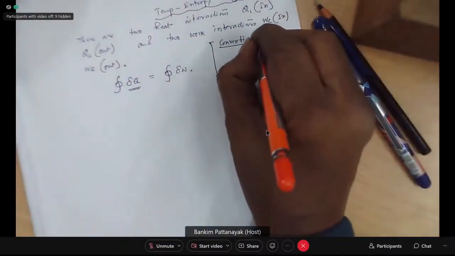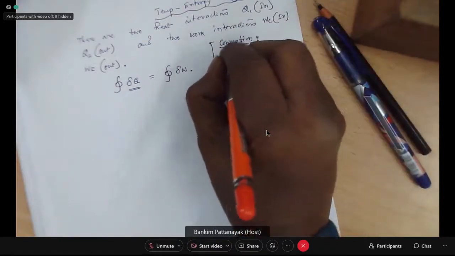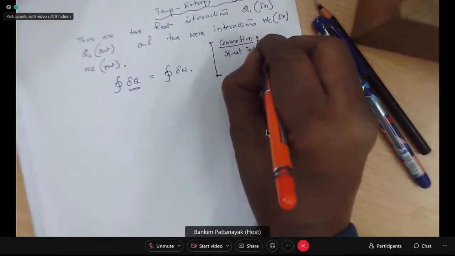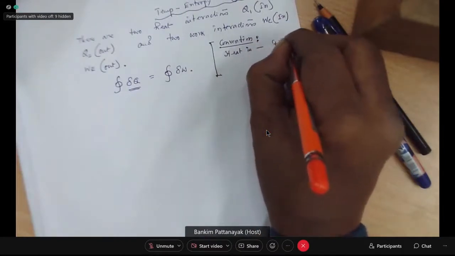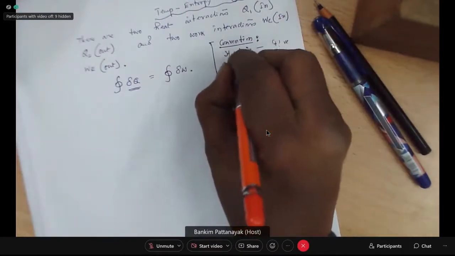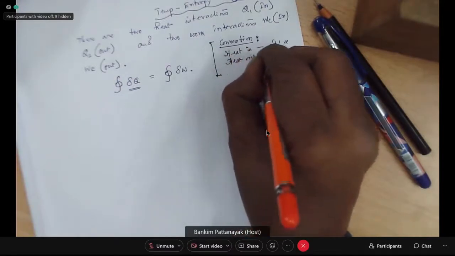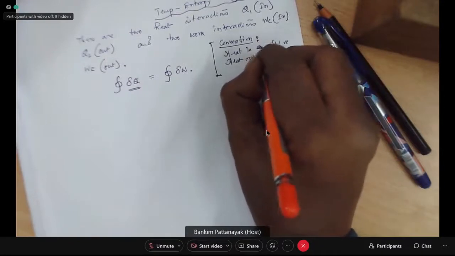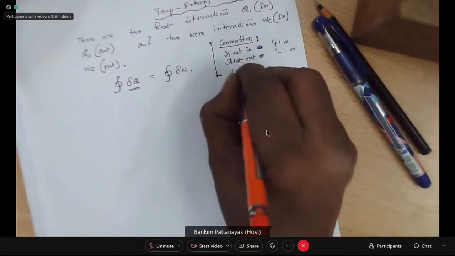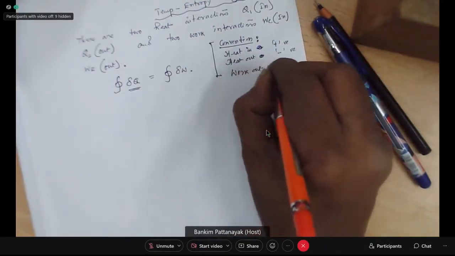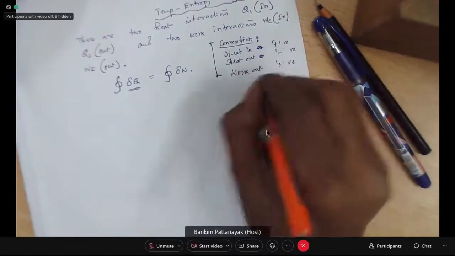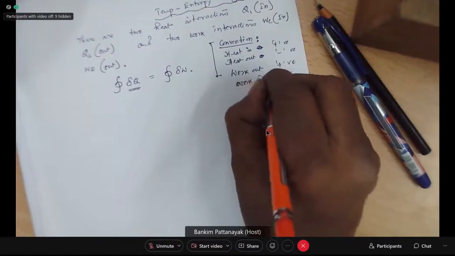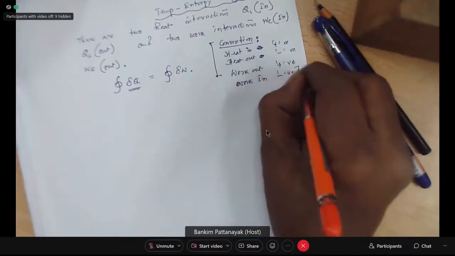Convention is that heat in is taken as positive, heat out is taken as negative, work out of the cycle is taken as positive, and work into the system is negative.